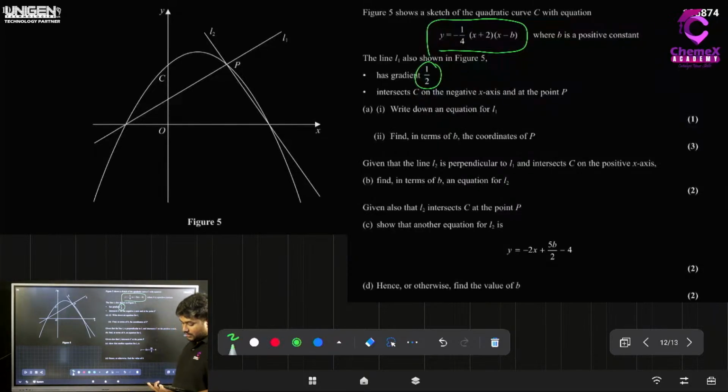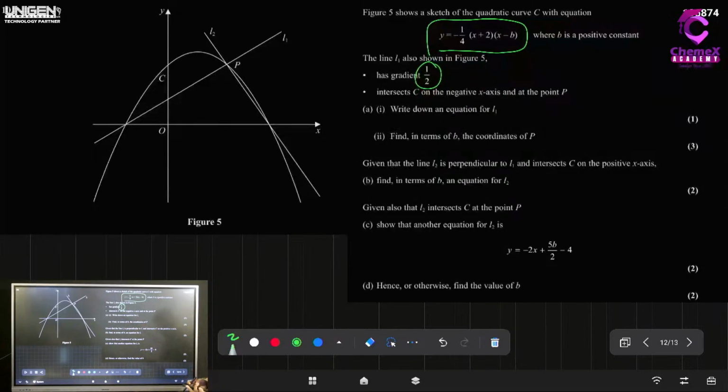So what are the coordinates? How do you find? And they say the line L1 shown in the figure has a gradient of half. C intersects the negative x-axis at the point P. Write down the equation of L1.